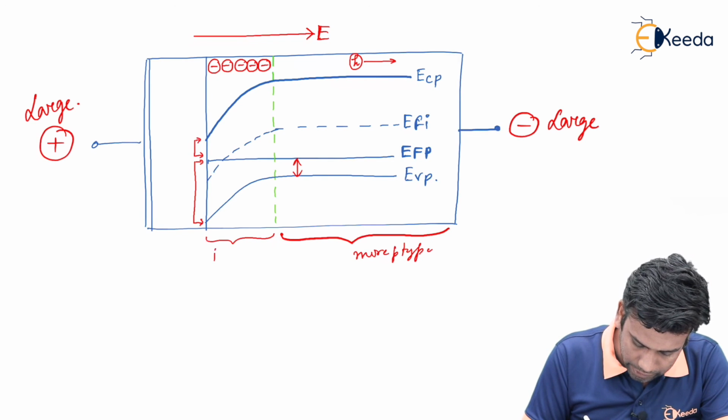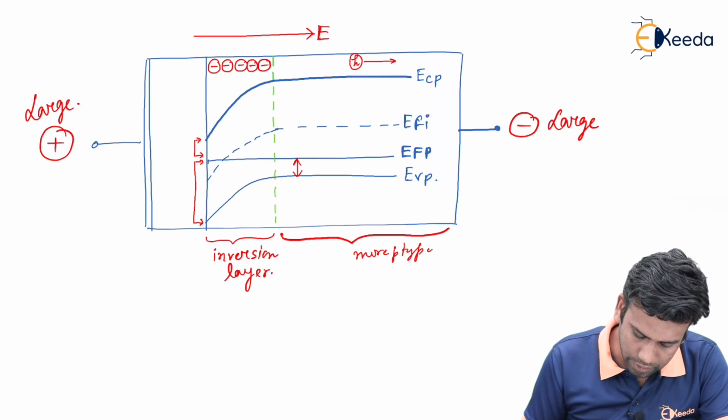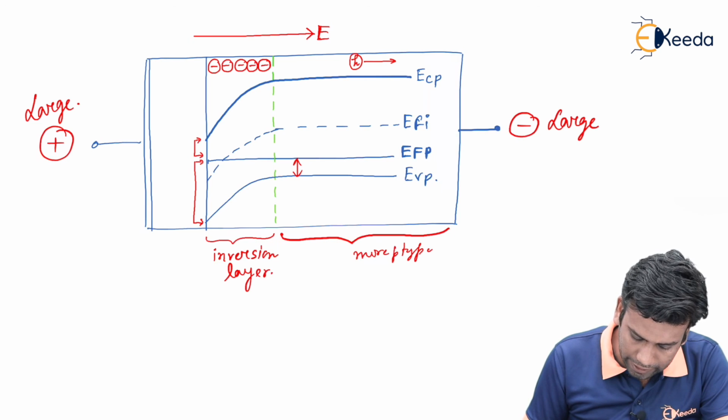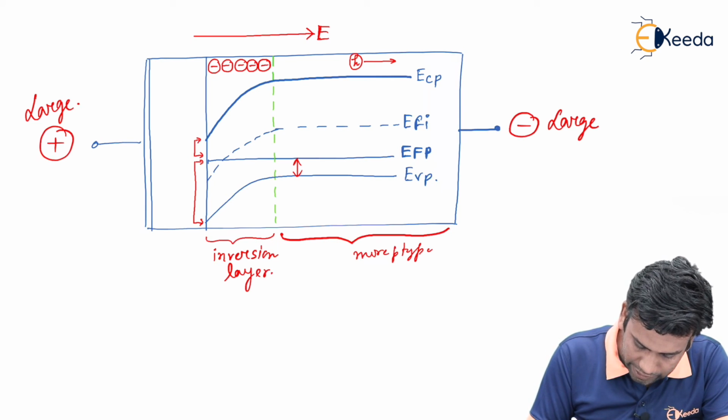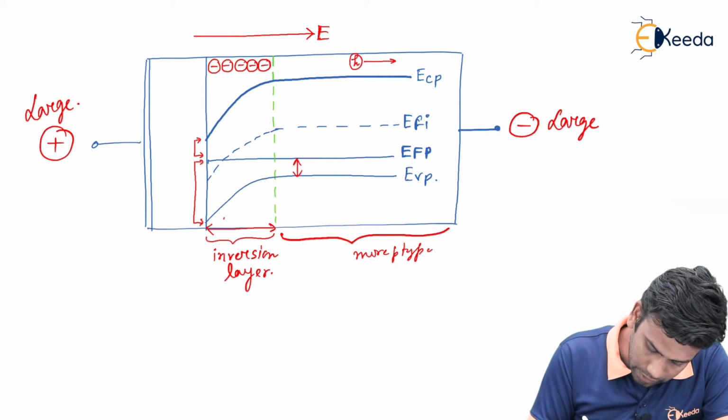That is why this region is called the inversion layer, and this inversion layer has been created within the distance. Let us denote it as x dt.